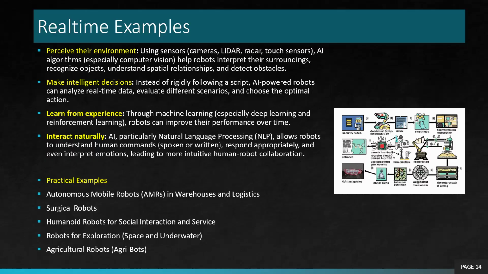Surgical robots are commonly used, but now they are almost self-independent. Earlier, there was a little bit of monitoring, but now the doctor just gives the instruction, feeds in all the data, and after that the robot does all the surgery. It is so self-sufficient these days. Then there are humanoid robots for social interaction and services.